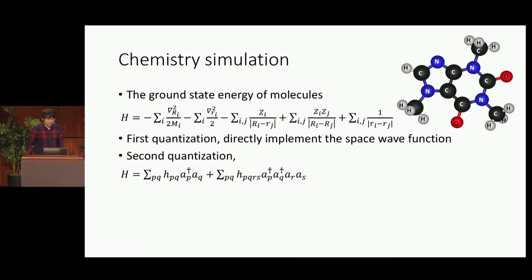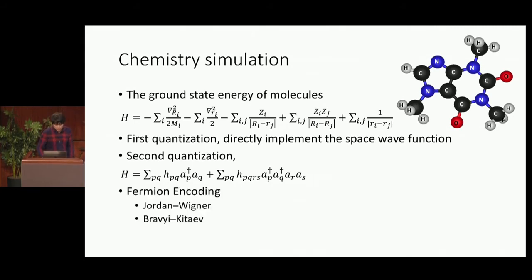Here, we choose the energy basis for each atom, and then we can convert the Hamiltonian in first quantization to second quantization. With the second quantization Hamiltonian, we can use some fermion encoding method like Jordan-Wigner or Bravyi-Kitaev to convert this fermion Hamiltonian into a qubit Hamiltonian.